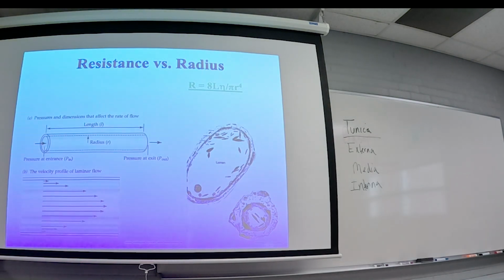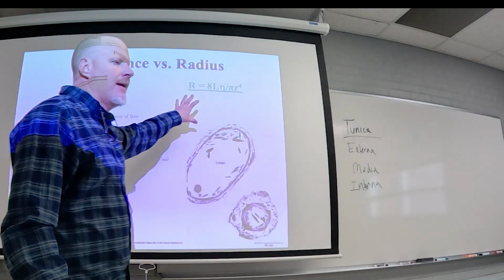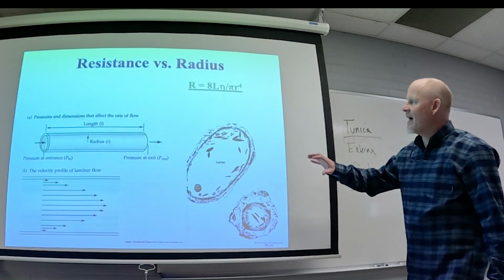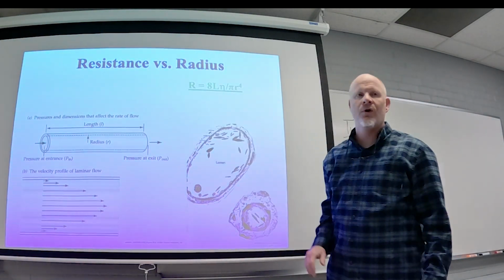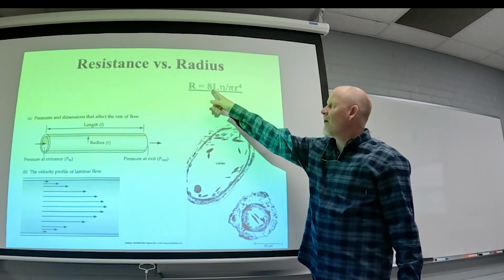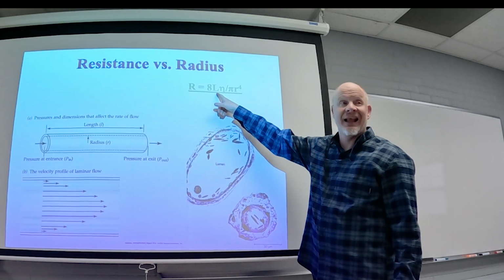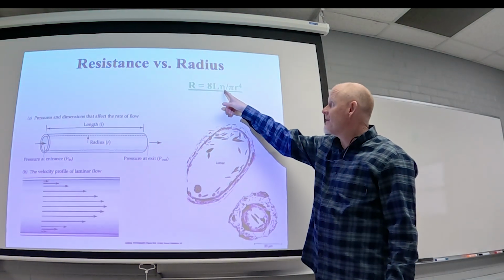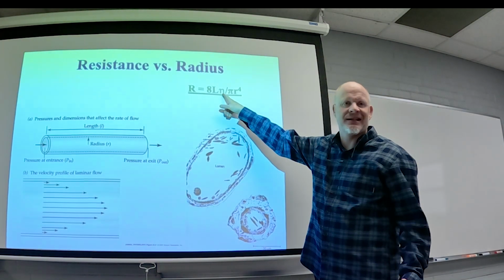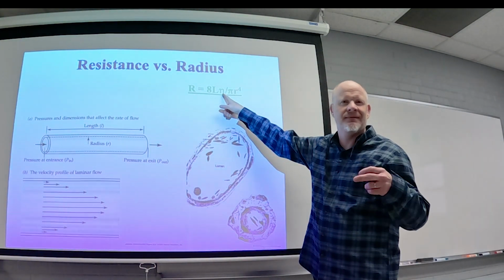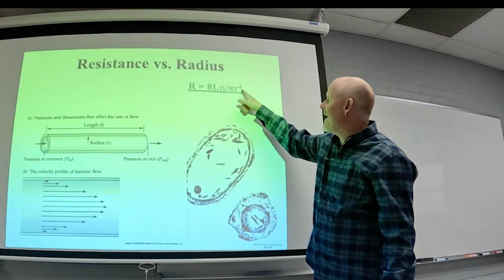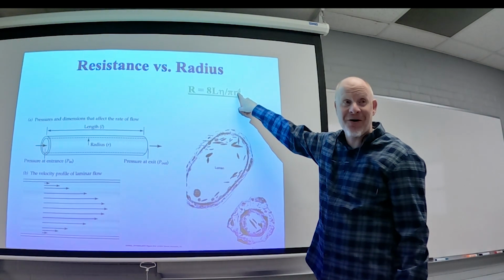And I give you this really ugly formula that you're not going to ever have to give to me. But this is the mathematical formula for resistance. That's what that big R equals. All right, and there is a number in front of it. This L stands for length. This N stands for viscosity, right? Which is a constant. This constant you get based on the thickness of your blood. And then you have pi and then radius to the 4th power.